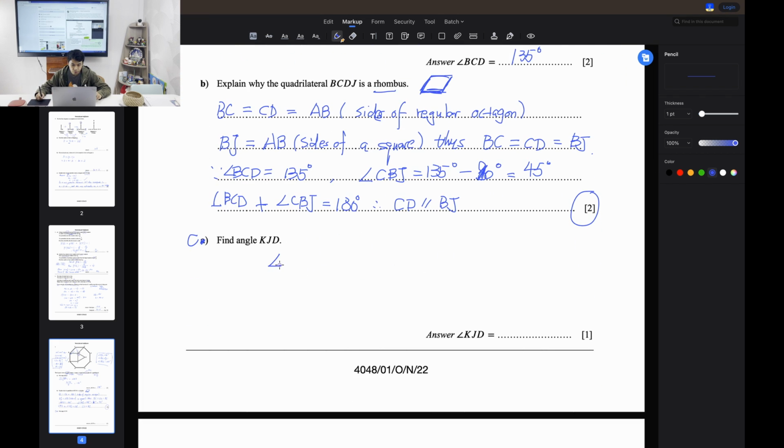Angle KJD equals 360 minus 60 degrees minus 90 degrees minus 135 degrees, and that gives us 360 minus 285, which is supposed to be 75. Okay, 75 degrees. Okay, answer is 75.